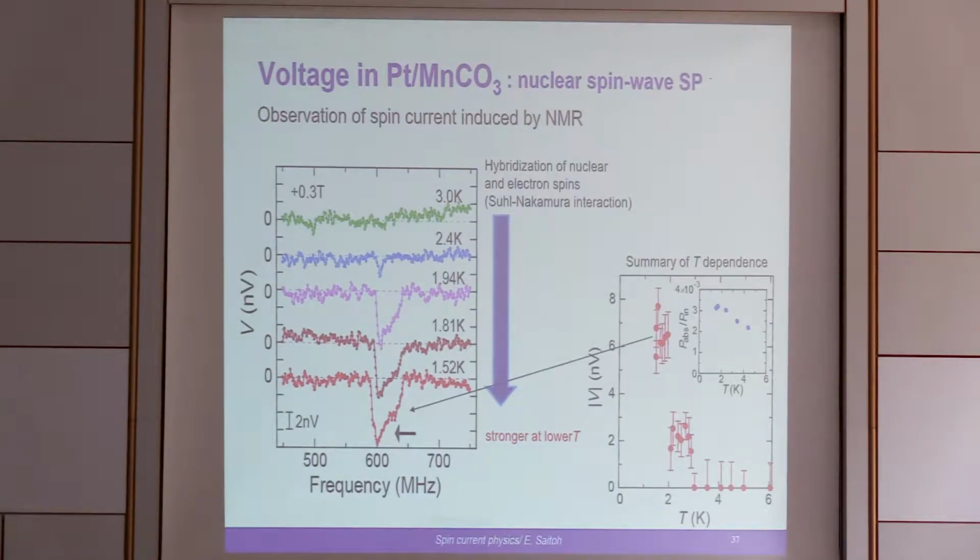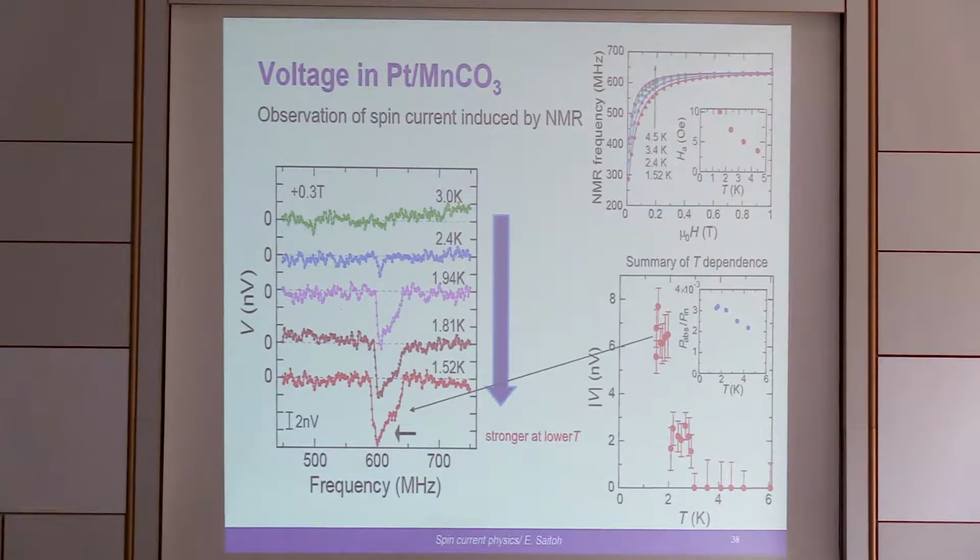This is the temperature dependence of the intensity of the voltage. The voltage suddenly appears around 3 Kelvin. And this temperature dependence has nothing to do with the temperature dependence of the radio frequency wave absorption, but rather coincides with the appearance of the frequency pulling effect. So this data says that voltage appears concomitant with the formation of the nuclear spin wave.